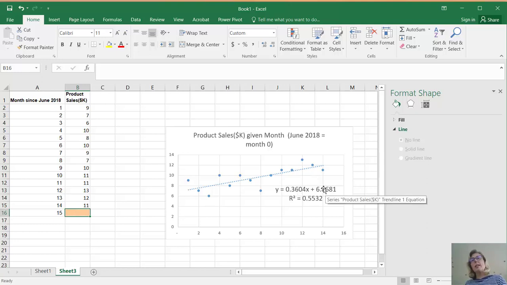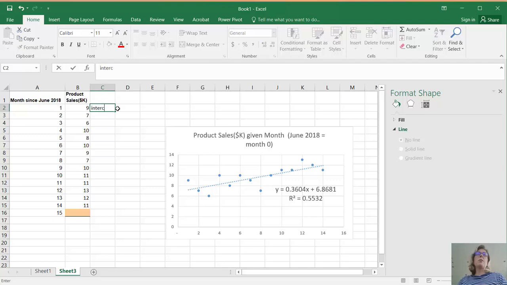These are just text labels. We could copy everything in here, but there's a better way to do this. So what I'm going to do is type intercept, slope, r square, and correlation.